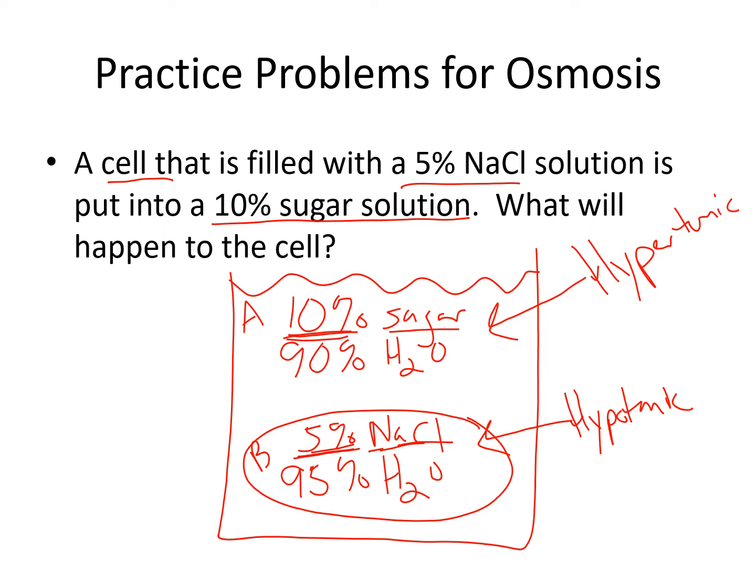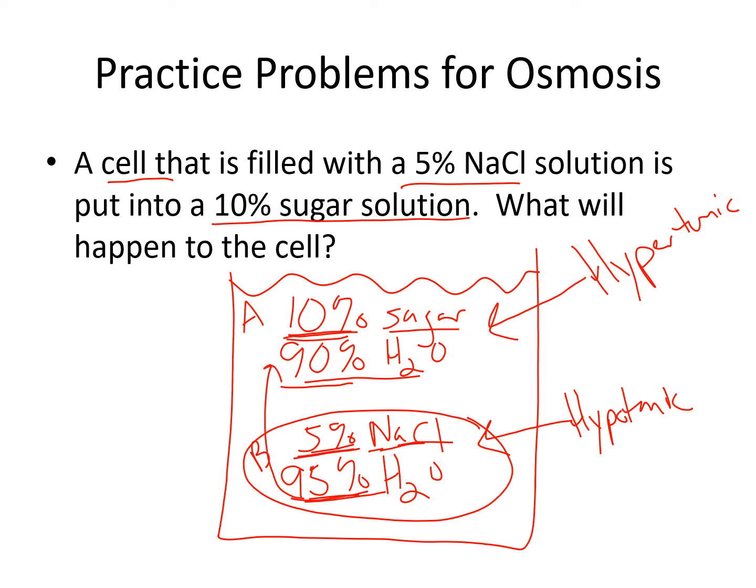And to double check, the hypotonic solution has the higher concentration of water. Hypertonic solutions have the lower concentration of water. So now you will get osmosis because you have a concentration gradient. You have a difference in concentration between the two solutions. So water moves from the higher concentration to the lower concentration.